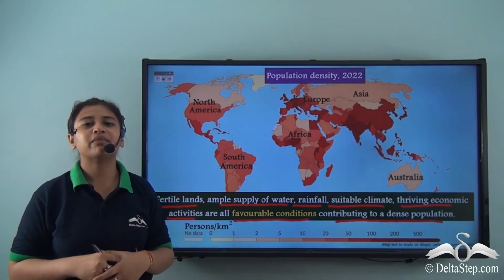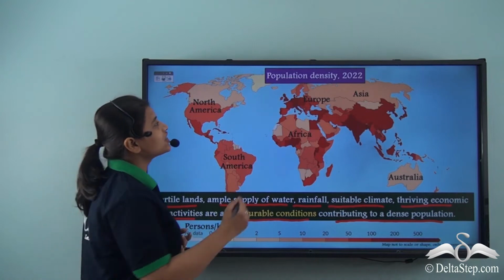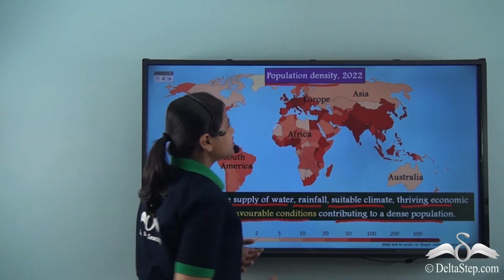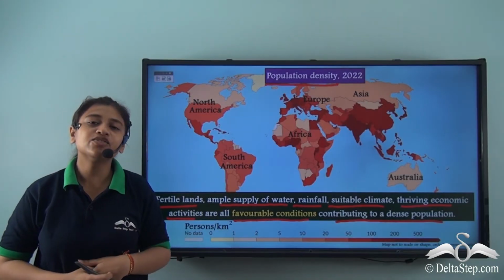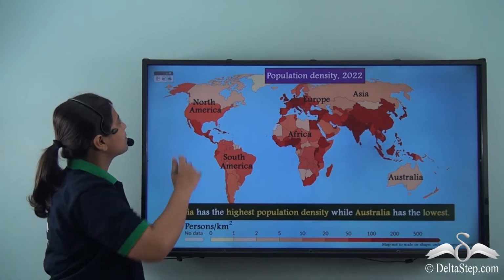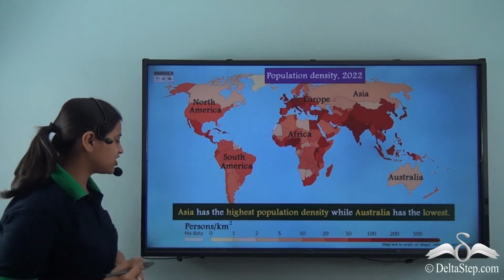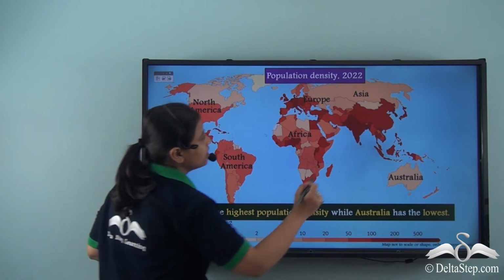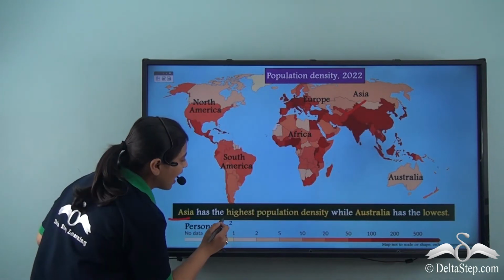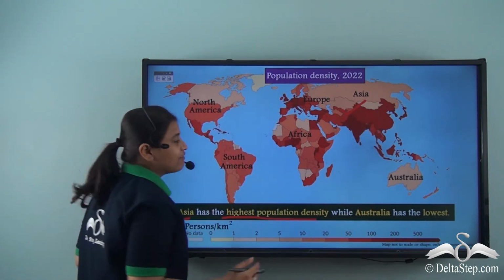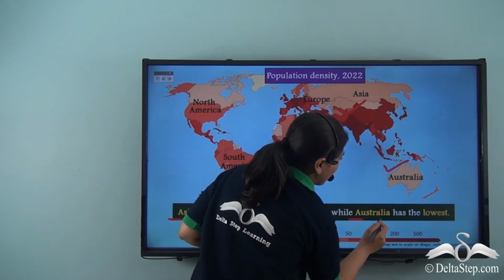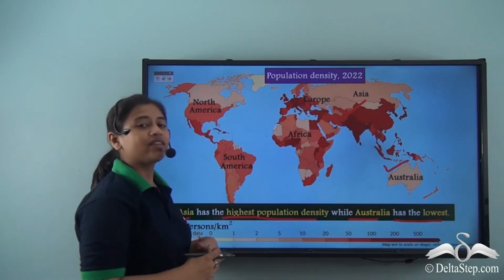So here we have a map that shows the population density across the world from 2022 studies. The study says that Asia has the highest population density while Australia has the lowest. Now what does this mean?